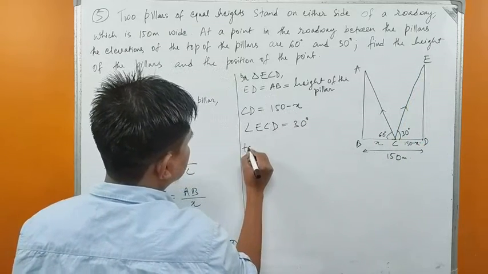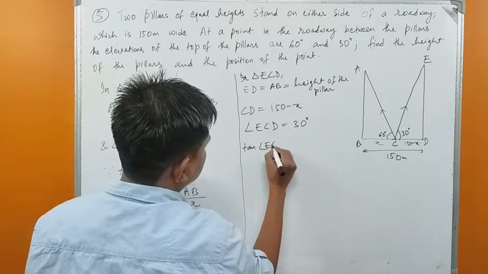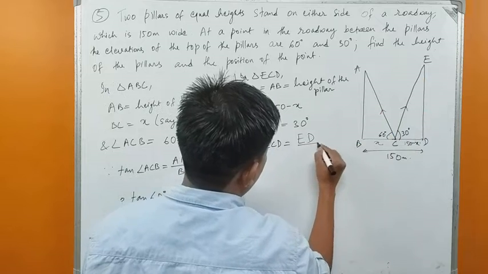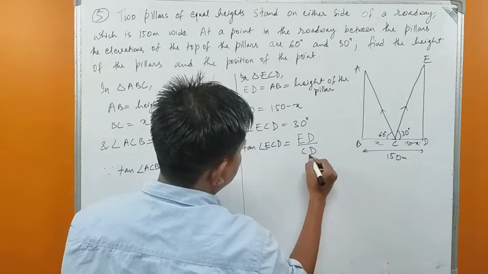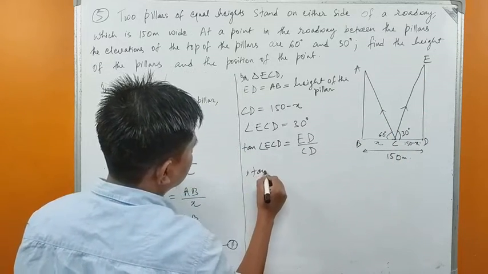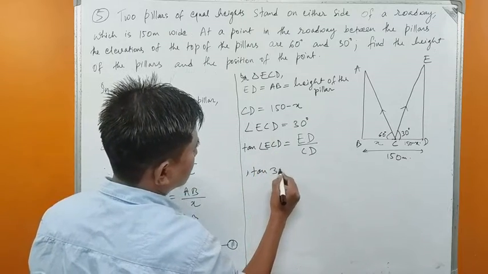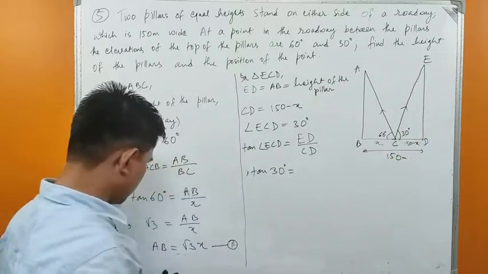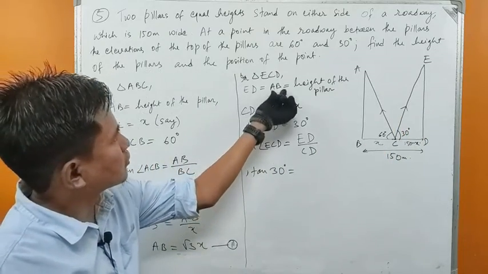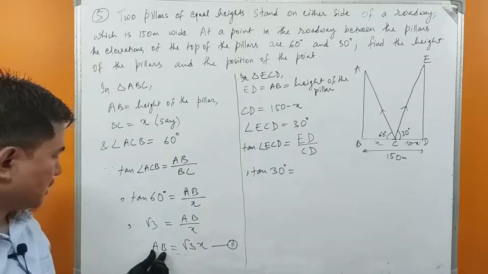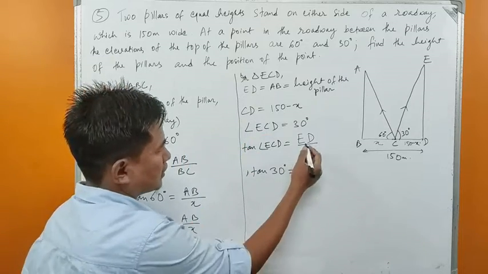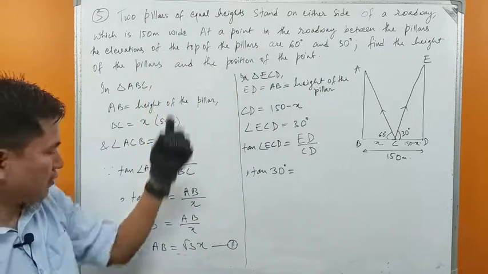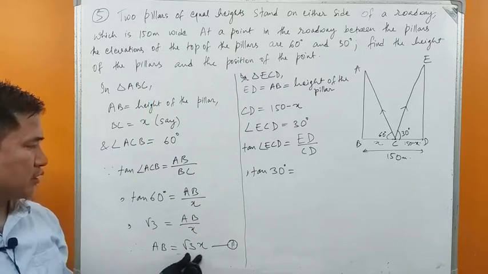Applying tan theta, tan of angle ECD equals perpendicular ED by base CD. Tan of angle ECD is tan 30 degrees, and ED equals AB, which is root 3x.